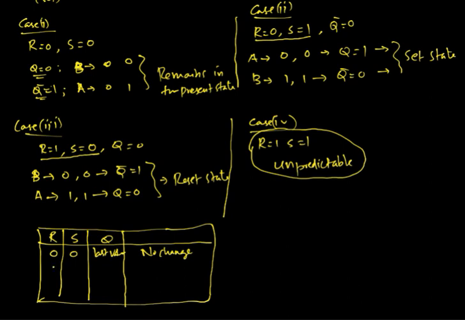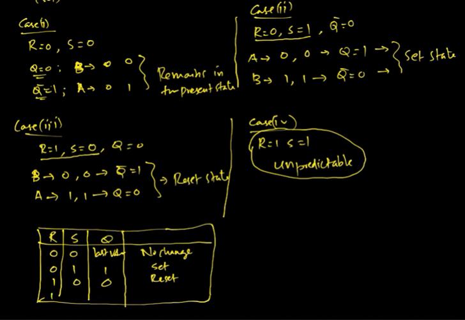When R is equal to 0, S is equal to 1, the Q will be 1, which is called the set state. When R is equal to 1, S is equal to 0, Q will be 0, which is the reset state.